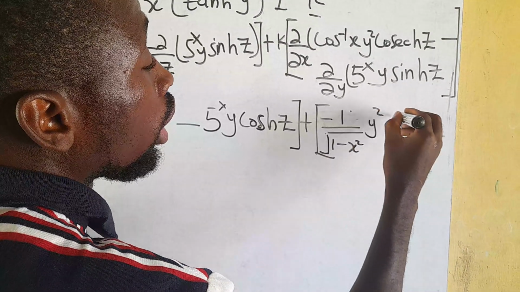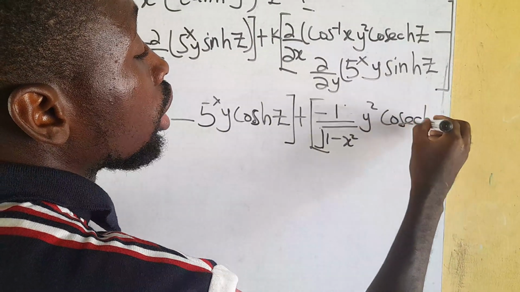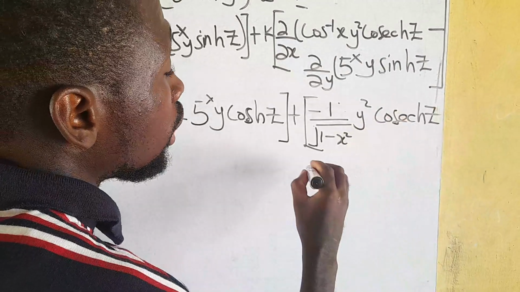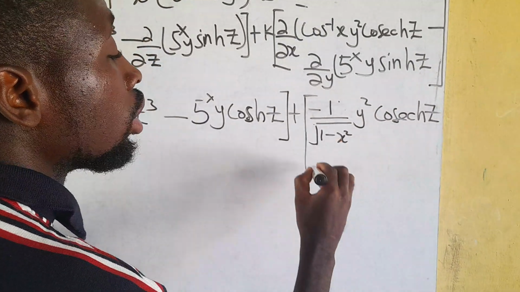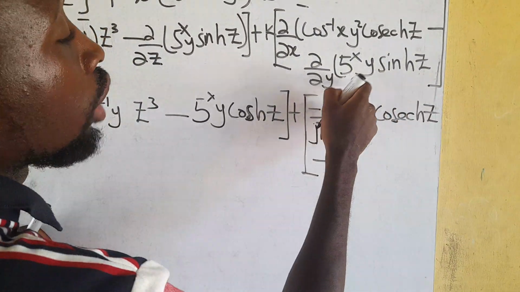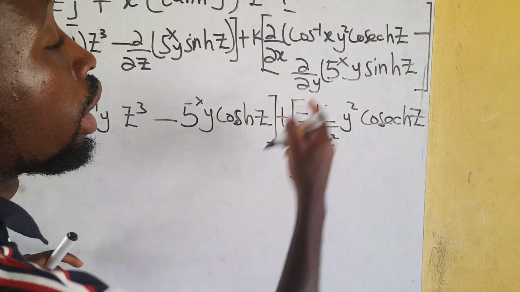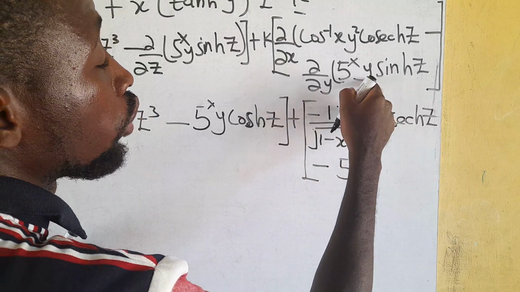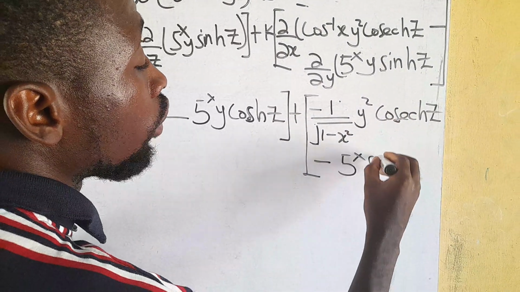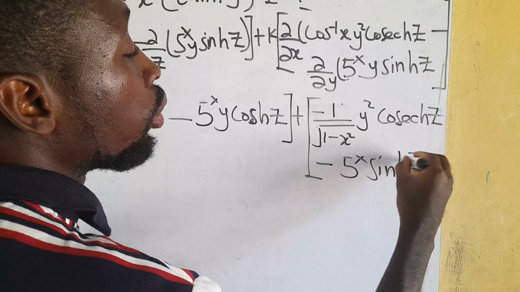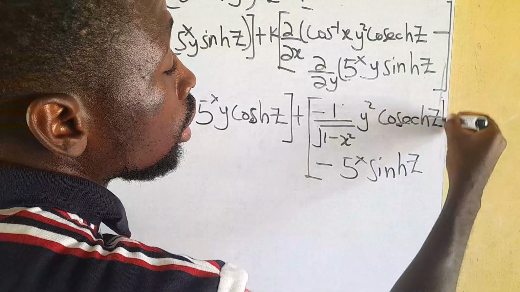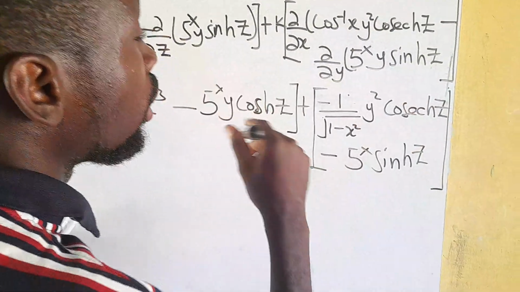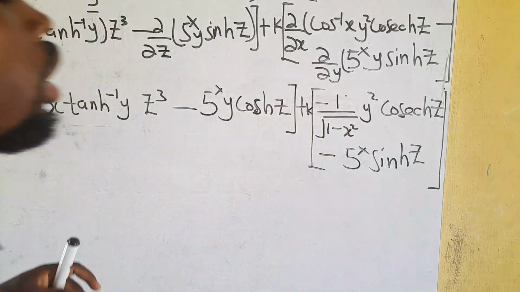Then y squared cosec z. Then minus. Now we find the partial differentiation of this function with respect to y. So the 5 exponent x will be held constant. When we differentiate y, we'll get 1. Then we have our shin z. I hope you get that. And all this is in the k direction.